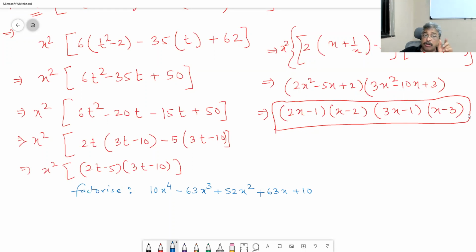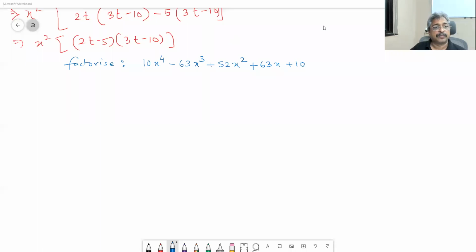So this is almost symmetric. Earlier was symmetric, this is almost symmetric. Let us do this.